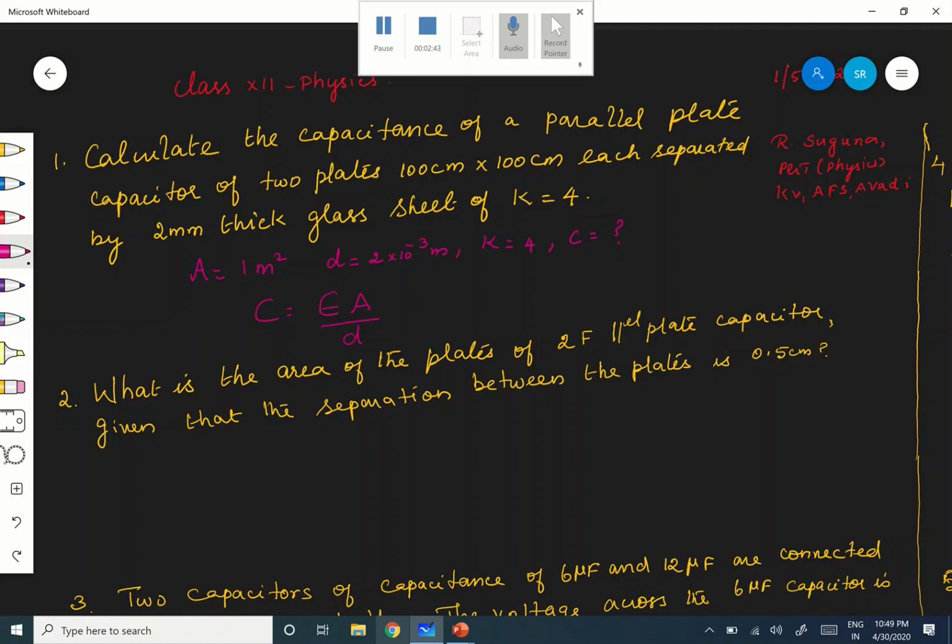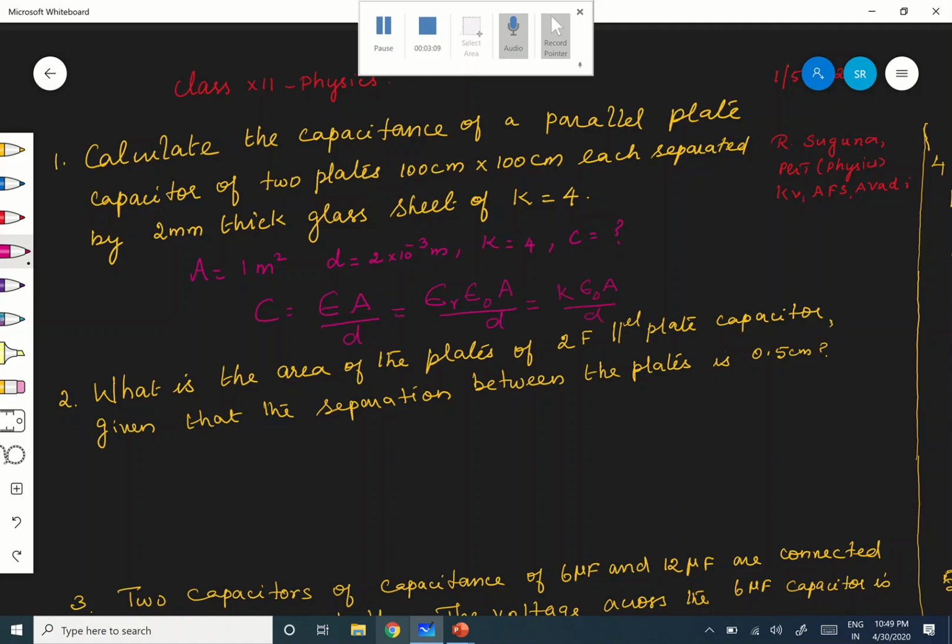It is epsilon naught A by D for air medium or vacuum, but here a medium is there, therefore epsilon A by D. What is epsilon? Epsilon is epsilon naught times the dielectric constant. Therefore, C is K epsilon naught A by D.